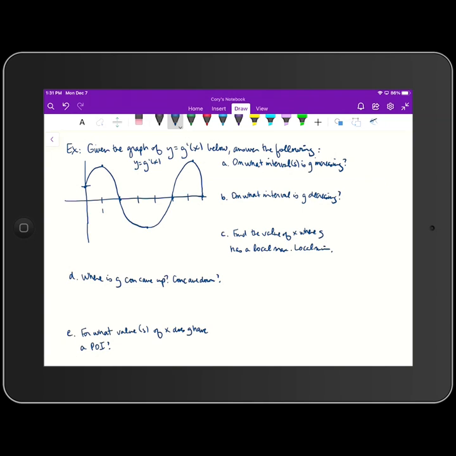Part C says to find the value of x where g has a local max and a local min. For part D, where is g concave up and concave down? And then for part E, for what value or values of x does g have a point of inflection?